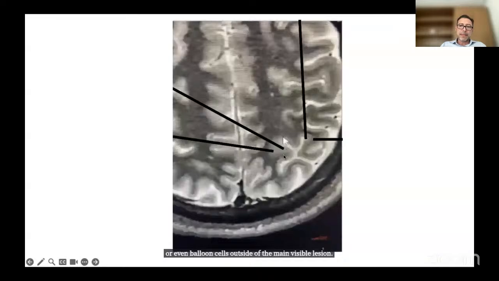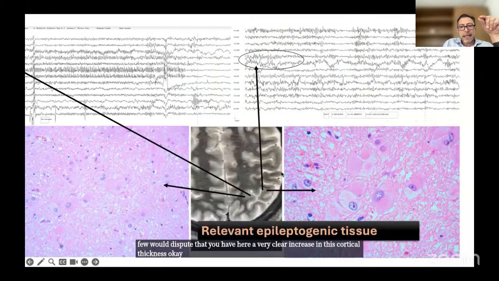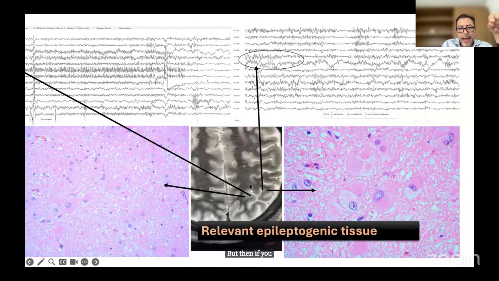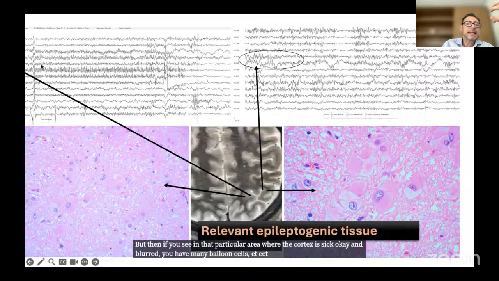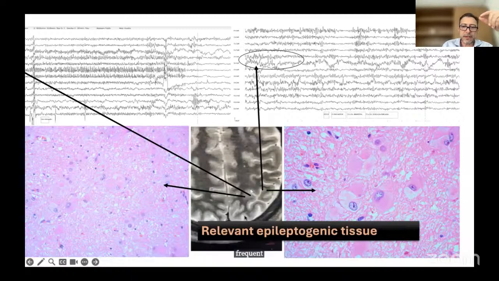Few would dispute that you have here a very clear increase in cortical thickness, okay? But in that particular area where the cortex is thick and blurred, you have many balloon cells, etc., and you have these frequent electrographic seizures from here.